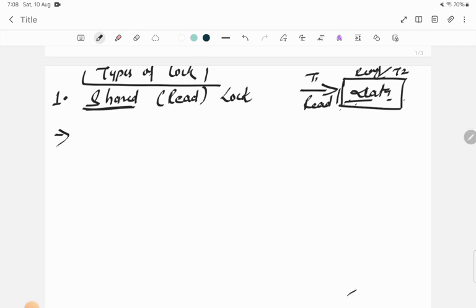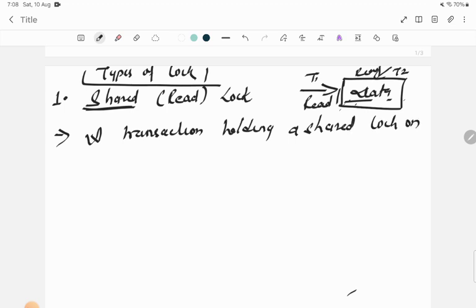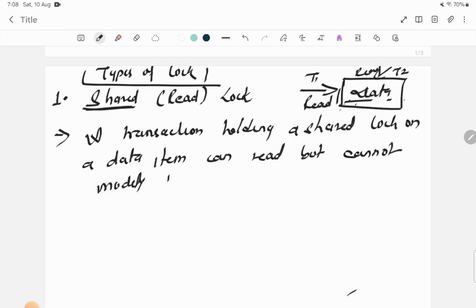What is the definition for this? A transaction holding a shared lock on a data item can read but cannot modify the data. It means that if a transaction acquires a shared lock, it can only view the data, it can only read the data, and it cannot modify it.